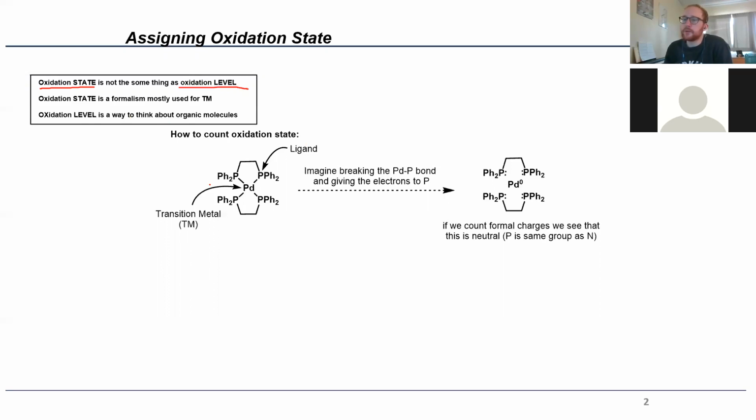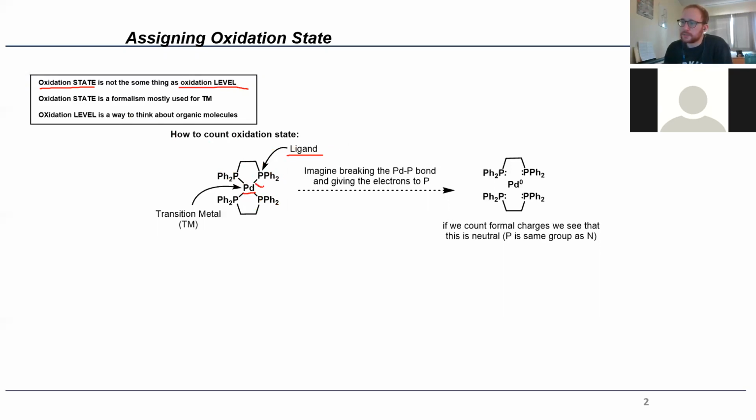Okay, and so what we learned in class yesterday is how to count oxidation states. For example, we have this palladium complex shown here. It consists of the transition metal itself, palladium, and 4 ligands, or really 2 ligands that are bidentate, that bind twice. The main way we count oxidation state is to dissociate the ligands.